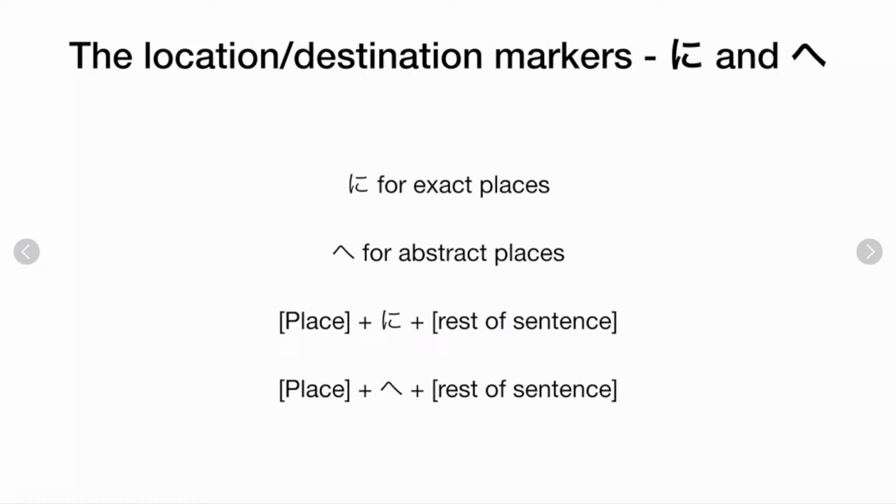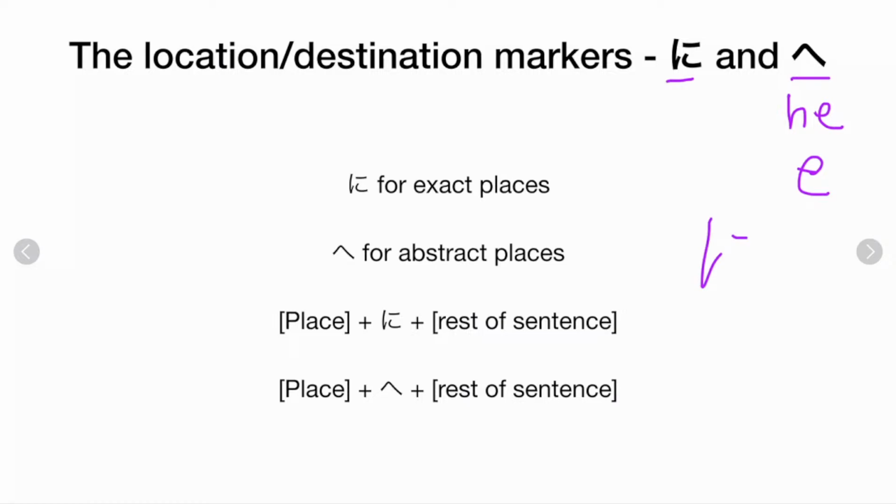Now that we have verbs, let's talk about location and destination markers, ni and e. I know that this is he, but when it's used as a marker, it is e. This is another one of those pronunciation things.